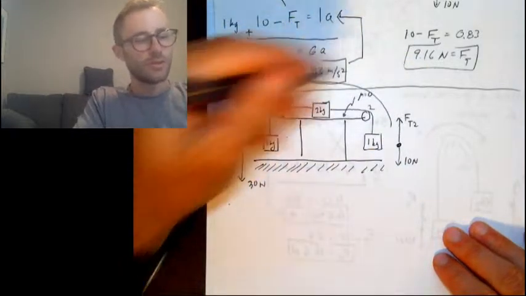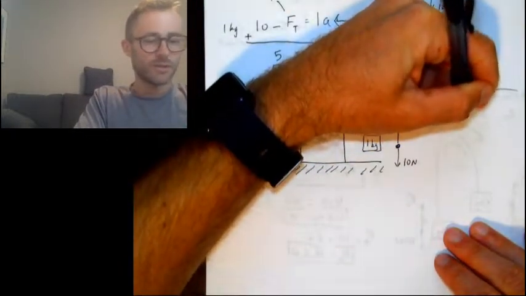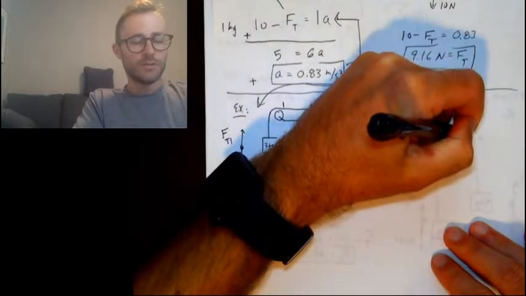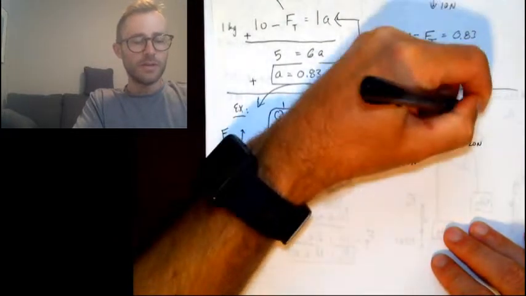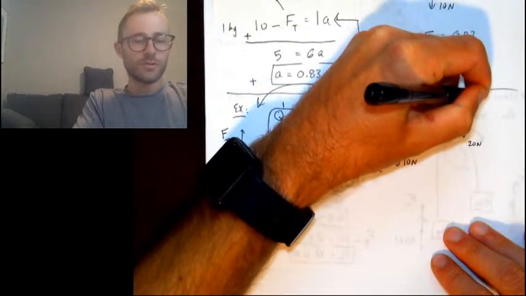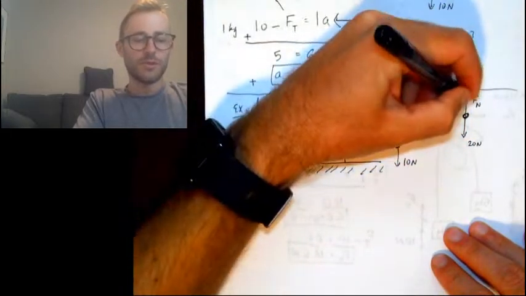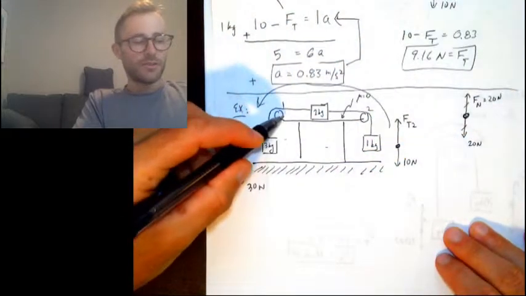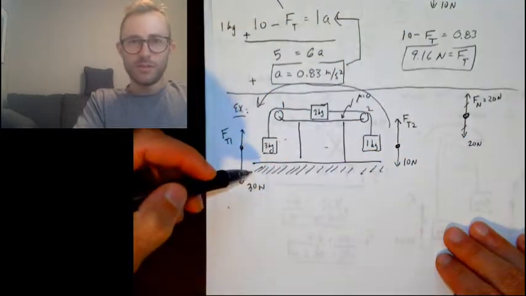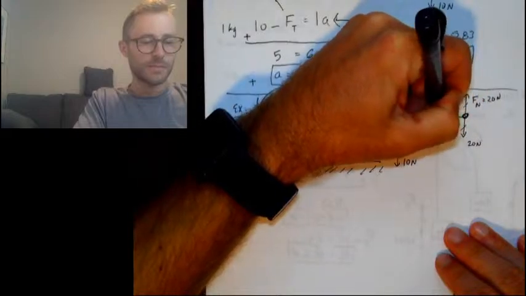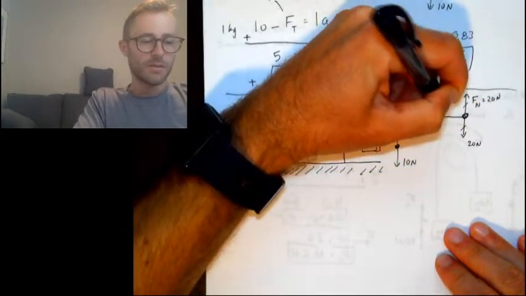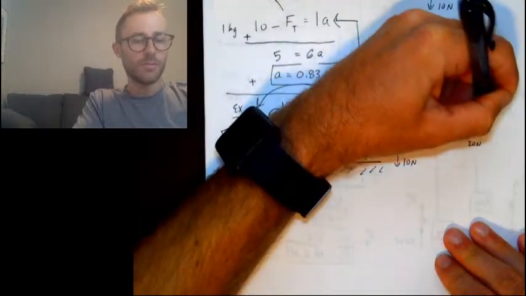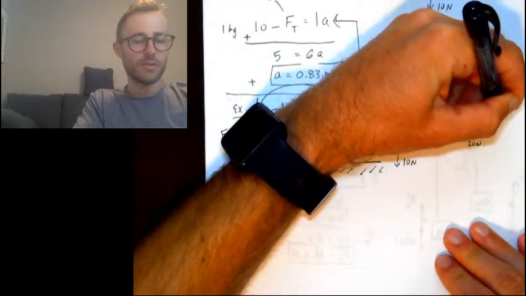If we look at the 2 kilogram mass, I'm going to draw its free body diagram over here. It has 20 Newtons going down. It has a normal force going up, which is also going to be 20 Newtons. It has the left rope pulling it to the left, and it has the right rope, the second rope, pulling it to the right.